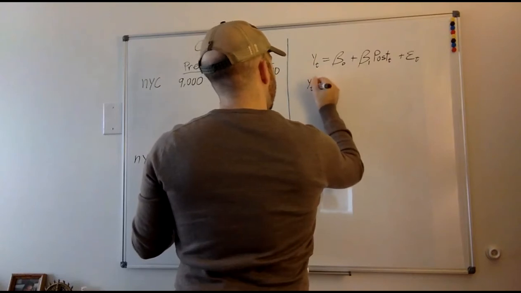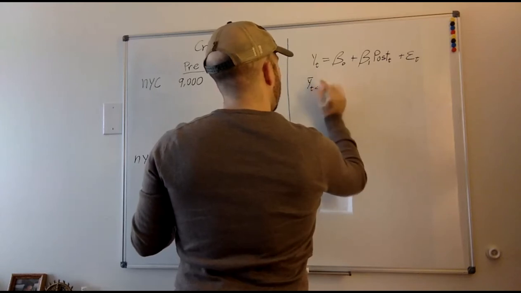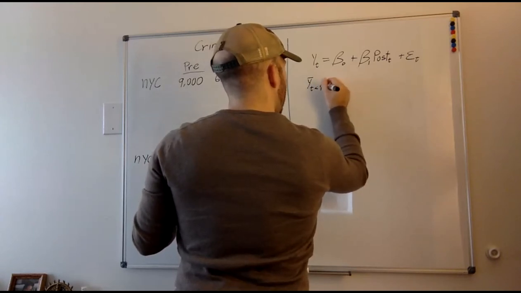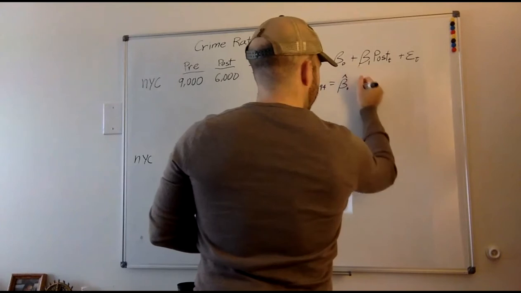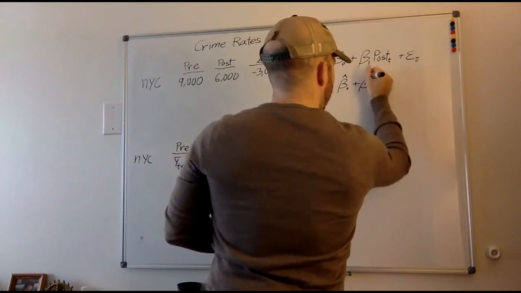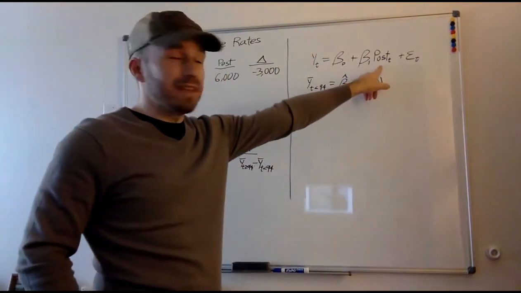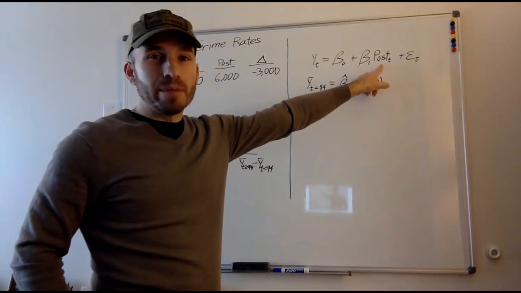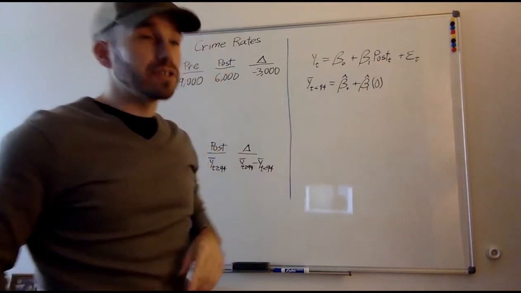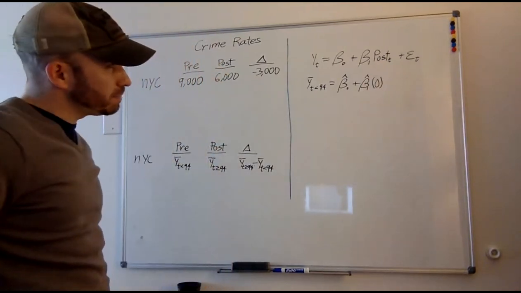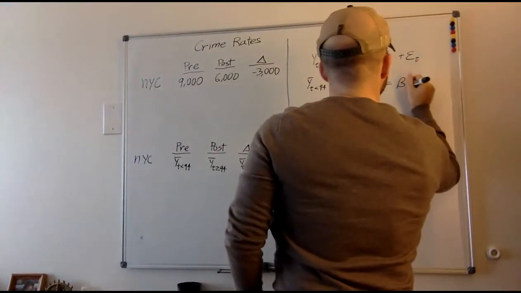So y bar for T less than 94 is just beta naught hat plus beta 1 hat times 0. T less than 94 is all of the years for which Post was equal to 0, because T is prior to Bratton and Giuliani's tenure. So that's just beta naught hat.